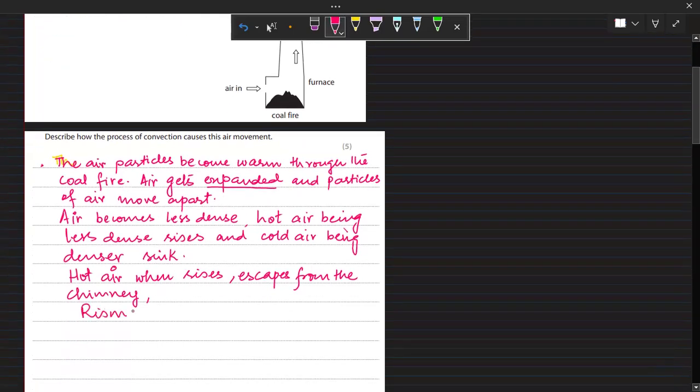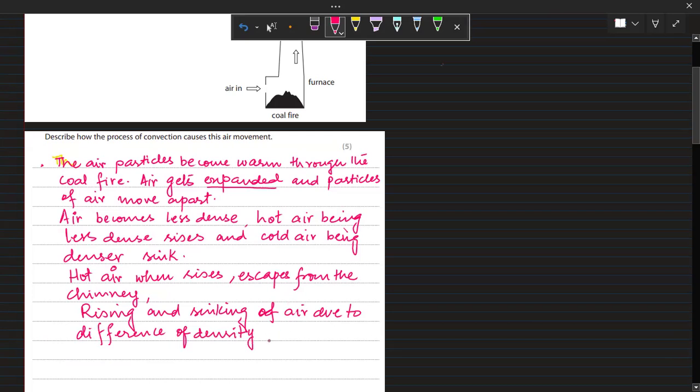So rising and sinking of air due to difference of density forms a convection current, right?